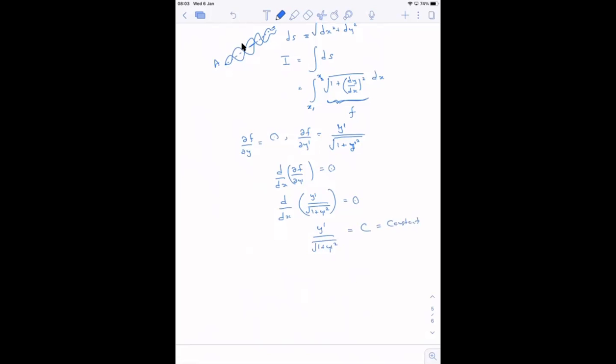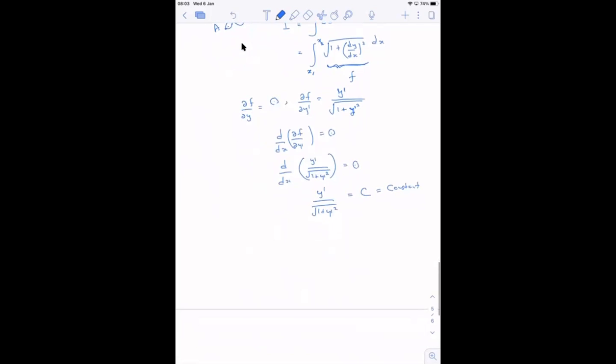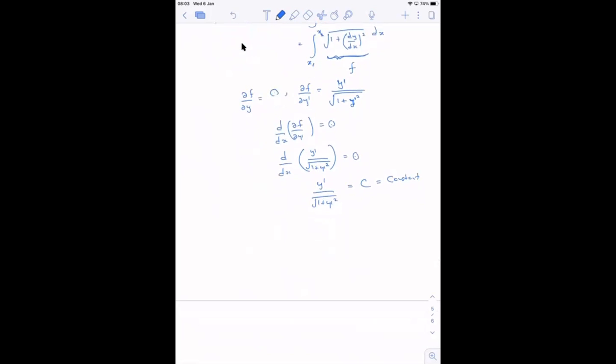So c will be a constant. I think you can do the rest of the things. I will just write down the note just to complete it.